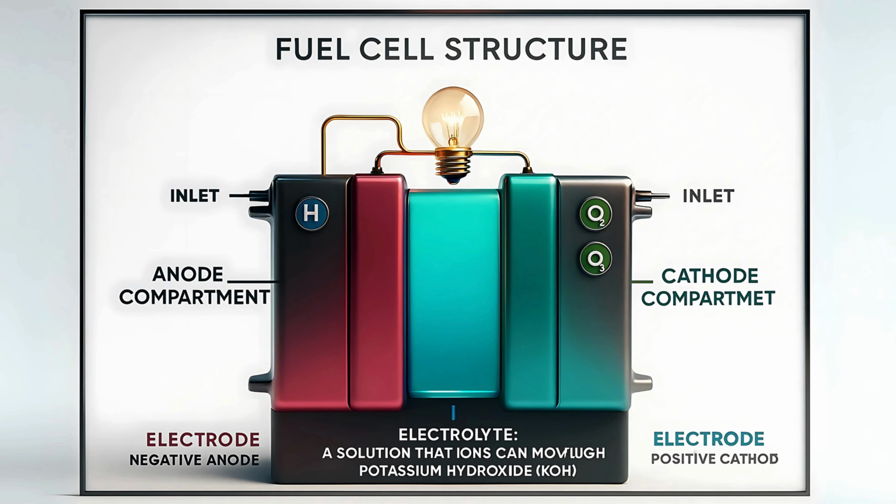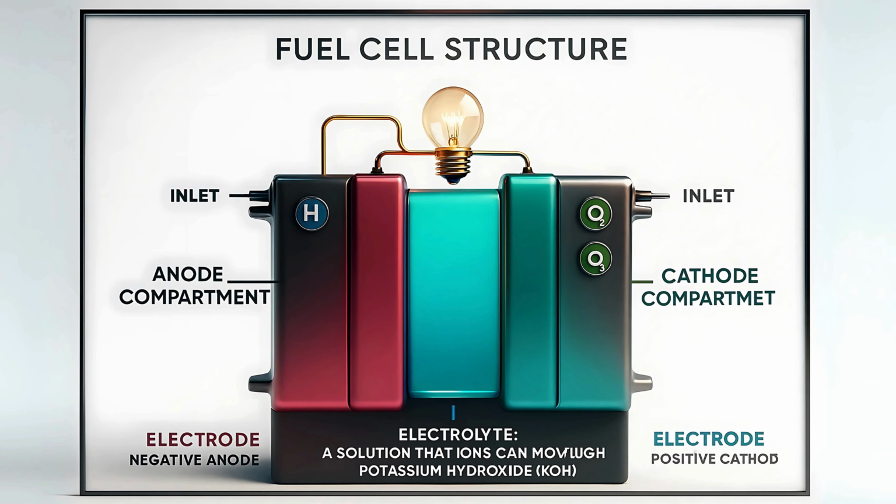Each of these compartments has an inlet at the top. Hydrogen gas enters from the left into the anode compartment, while oxygen gas enters from the right into the cathode compartment. After the chemical reactions are complete, water and heat produced in the process exit through an outlet on the cathode side.